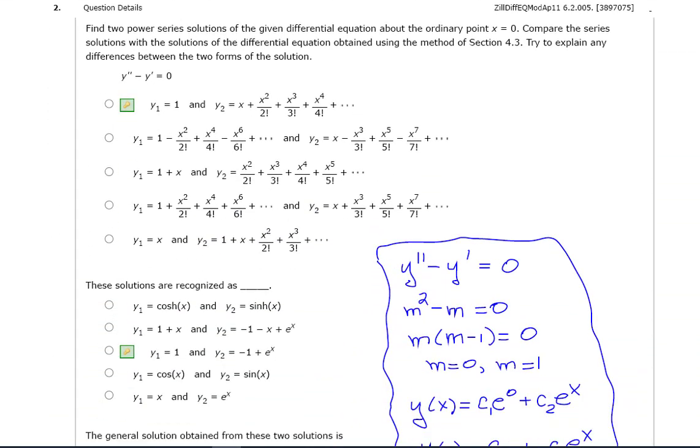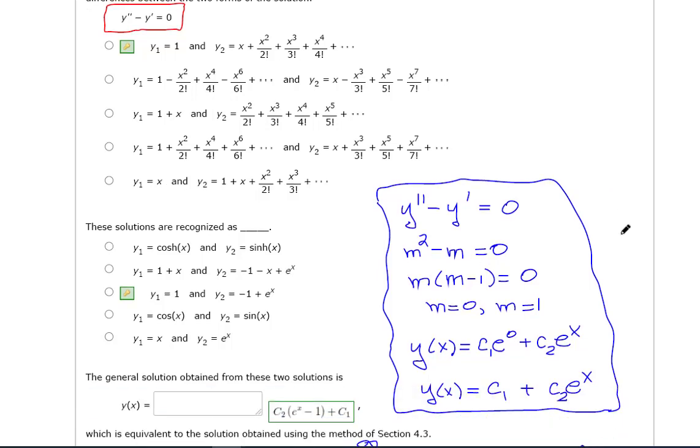Alright, so in question 2, we have a second order constant coefficient differential equation. We could easily solve this by the methods that we've seen in chapter 4. I could form the quadratic equation, factor out the m.